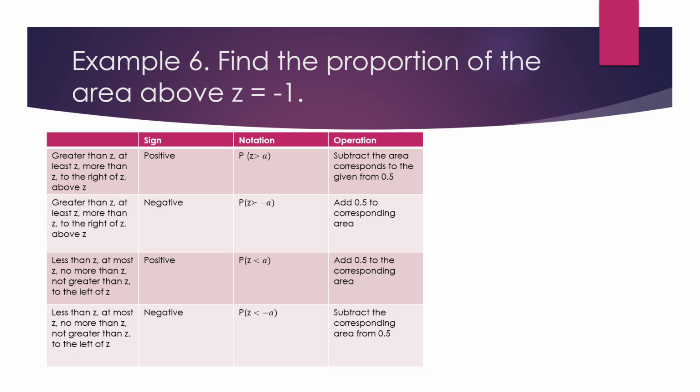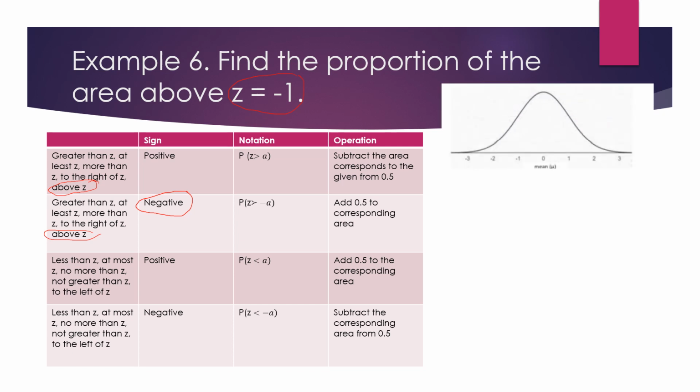If these terms are mentioned in the given, identify first if z is positive or negative. And then, here is the operation. Now, in our given, find the proportion of the area above z. So, it falls under this category. And the given is negative. So, since it is negative, we fall under this one. What we're going to do is add 0.5 to the corresponding area.